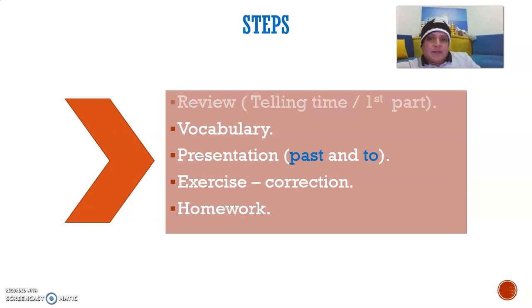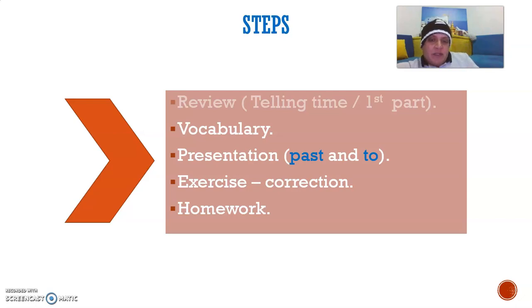and we have vocabulary. We're going to present new items to give you other words that have special relation with the telling time. We're going to present the new words, new ways of telling time, using past and to.